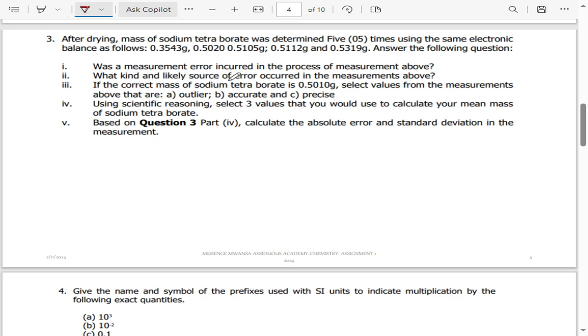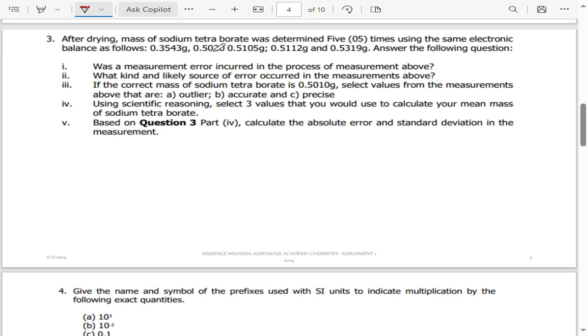What kind and likely source of error occurred in this experiment? So the kind that would have occurred, there might have been a systematic error. The balance might have been having problems with calibration, right? A problem with calibration. That is why someone found 0.3 and then started finding 0.5, 0.5. There could have been also some random errors.